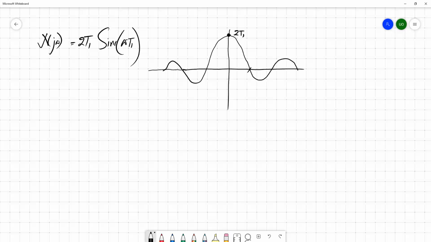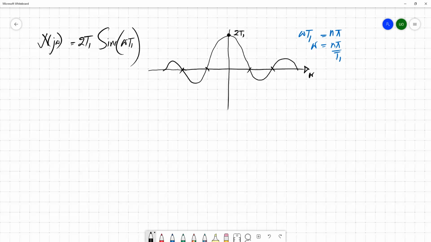So what about these values? We argue that this is equal to sine x over x. So then the zero crossing points would be where omega t1 equals n times pi. So then this is your omega axis. So we can simply claim that omega equals n pi over t1.